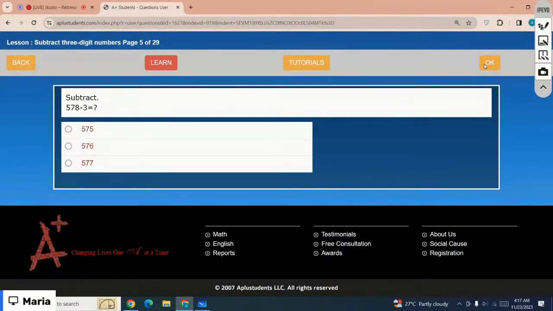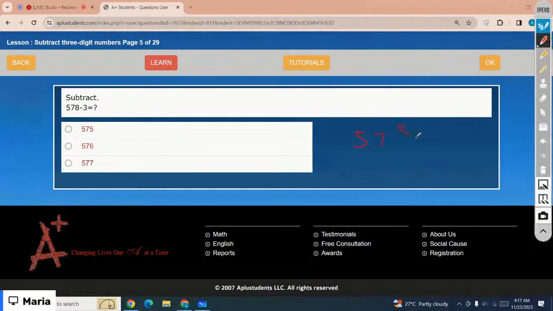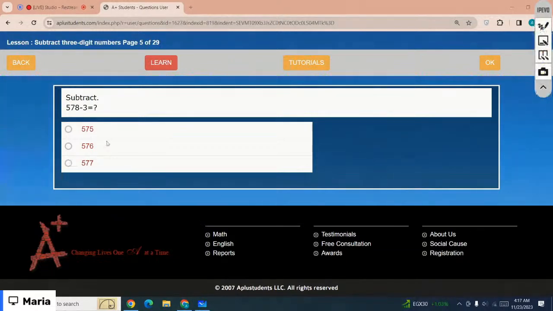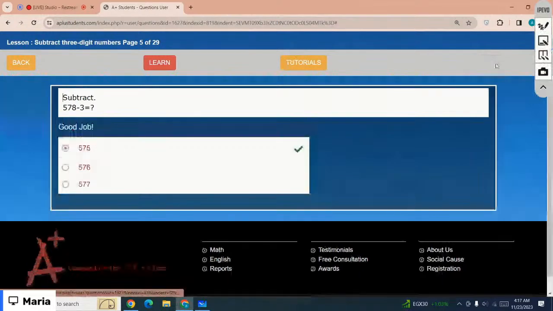Okay, we can do it. 578 minus 3, right? So start subtracting 8 minus 3. 8 minus 3 is 5. You need to bring the rest of the digits as it is, so that is 575. The correct option is 575. Do the questions in your notebook and write the answers in the chat box. Use your notebooks, please.